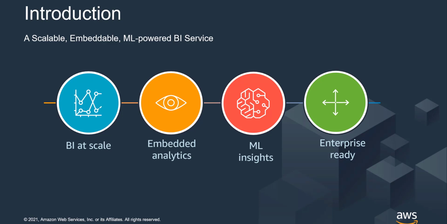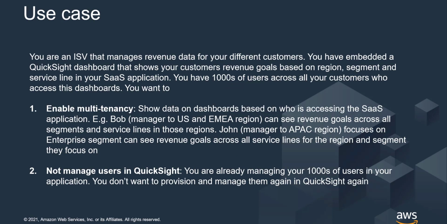Now that we have learned about what is Amazon QuickSight, let us talk about this particular feature. Here is a use case to set the stage for how you can use this feature. Let's say that you are an ISV and you manage revenue data for different customers.